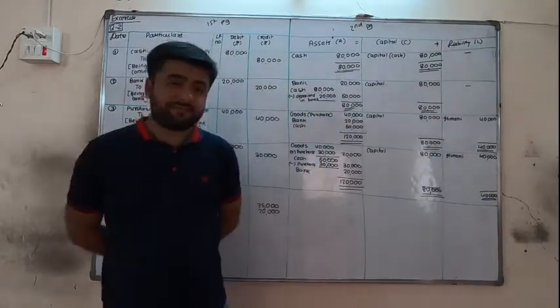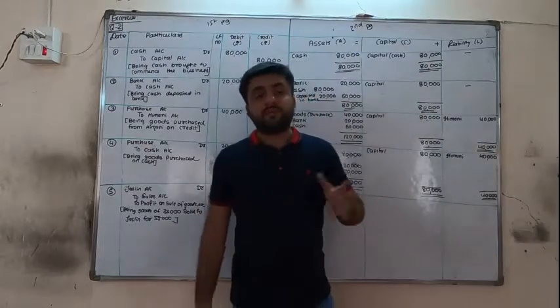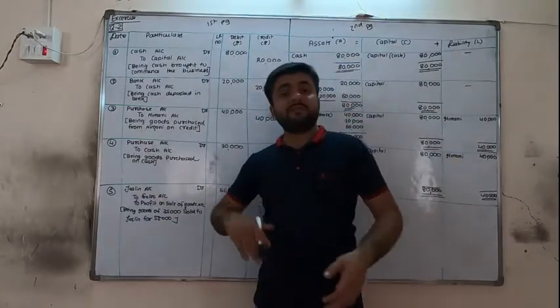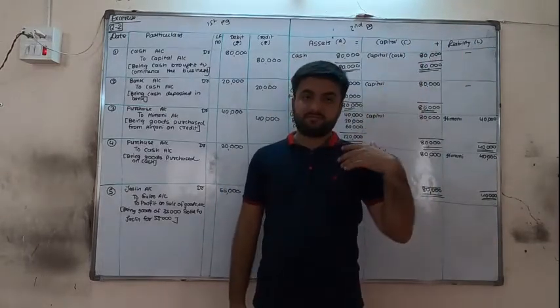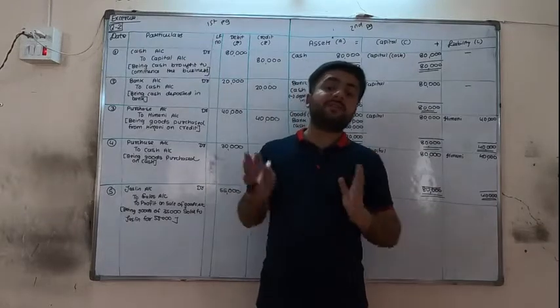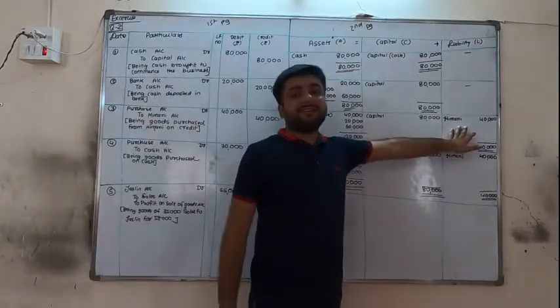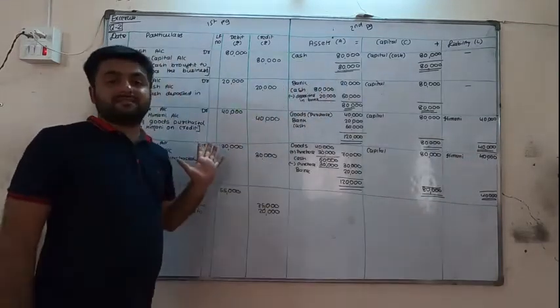Now what is the effect? Actually Jocelyn has to give the amount to us, but we are not getting any cash, so cash is not coming in. It will come in future. So Jocelyn will pay the amount in future, so we will receive it in future, so it is receivable. If we have to pay in future, that is our liability. If we have to receive in future, that is our asset.